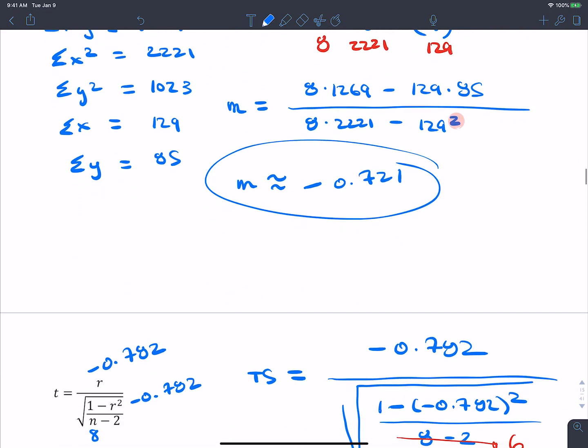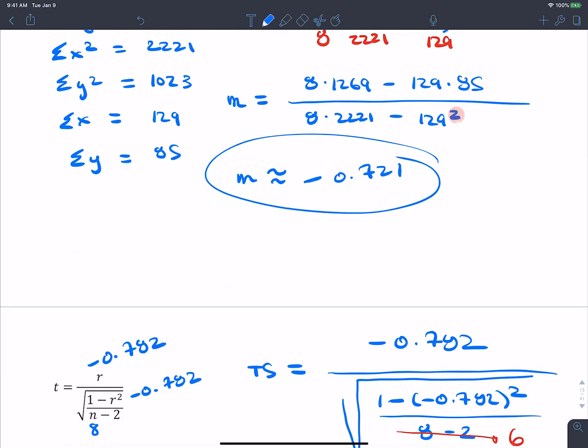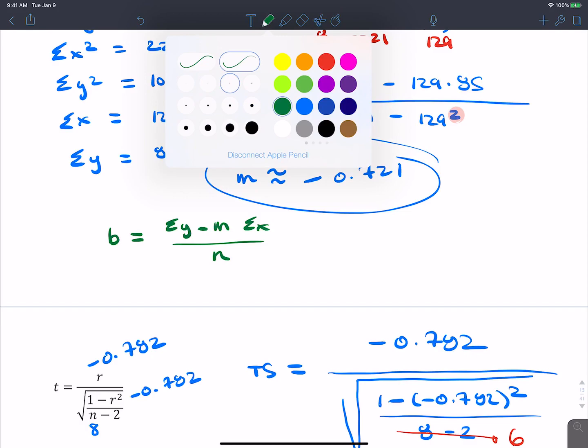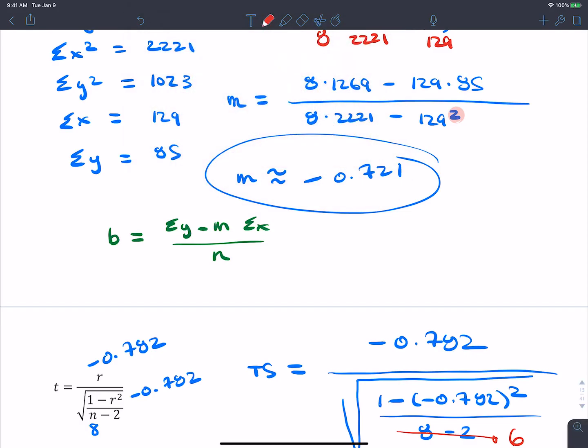Now, how do we get the B value? B equals sum y minus m times sum x, over N. Is that true? Let's plug these values in. Sum y is 85, m is negative 0.721, sum x is 129, and N is 8.